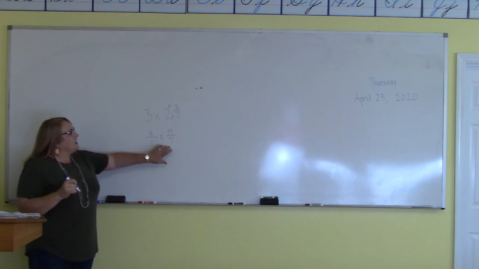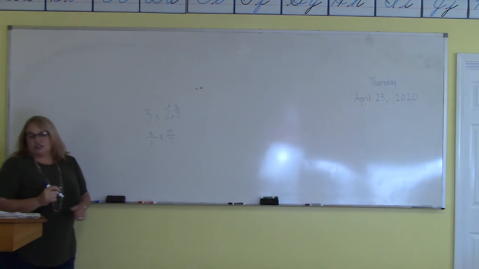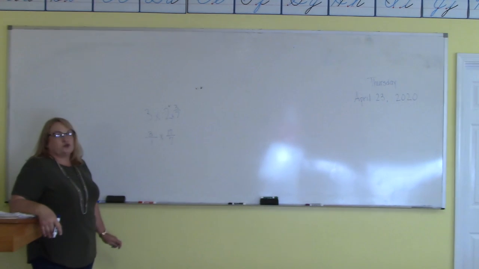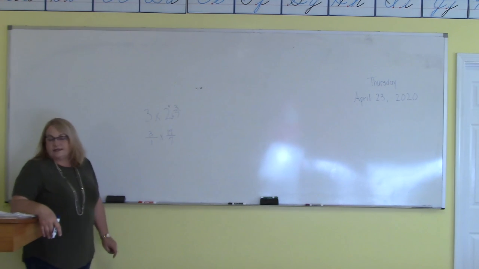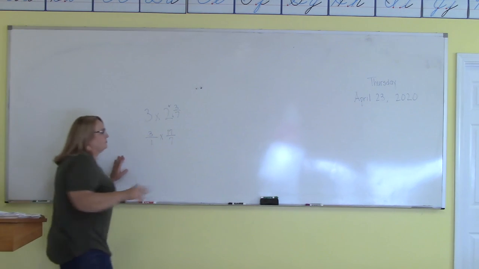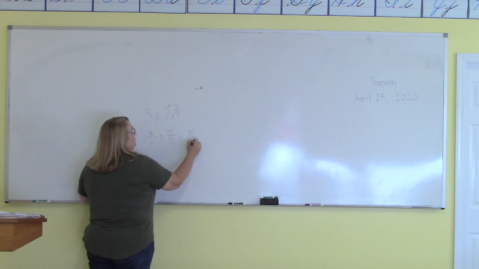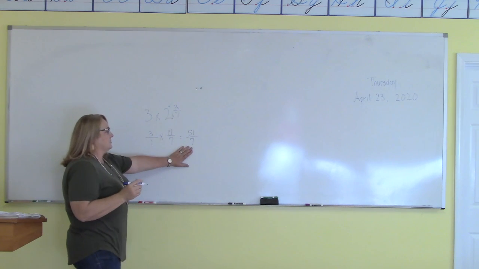Okay, looking at this, I know that there's nothing I can divide into. So now I have to multiply 17 times 3. What is 17 times 3? 51 over 7. And we can't leave this like this because this is an improper fraction.